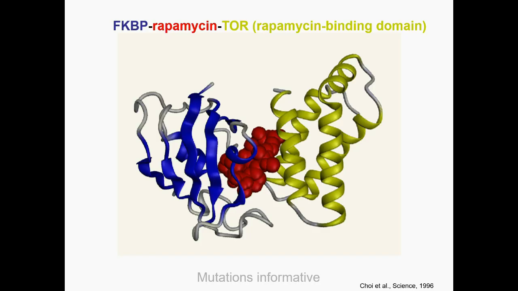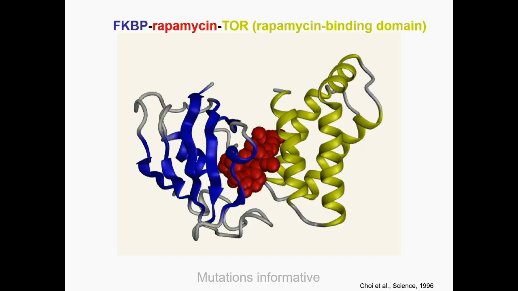That's why any simple loss of function mutation in the gene encoding this protein gives complete rapamycin resistance. And this is why mutations in this gene were so common. TOR, on the other hand, is absolutely essential for cell viability. If you introduce a loss of function mutation, the cells die and you never would have obtained a mutant.